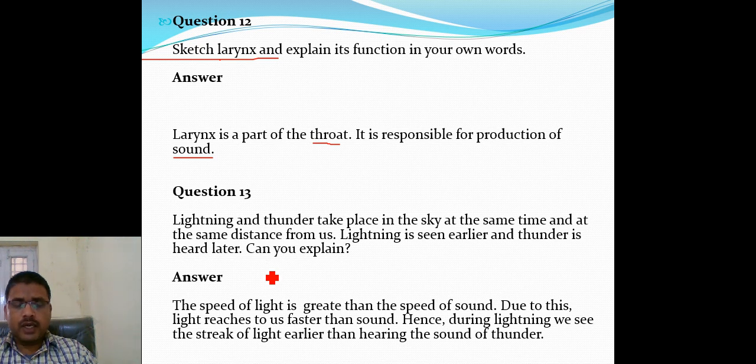The answer is since the speed of light is greater than the speed of sound.